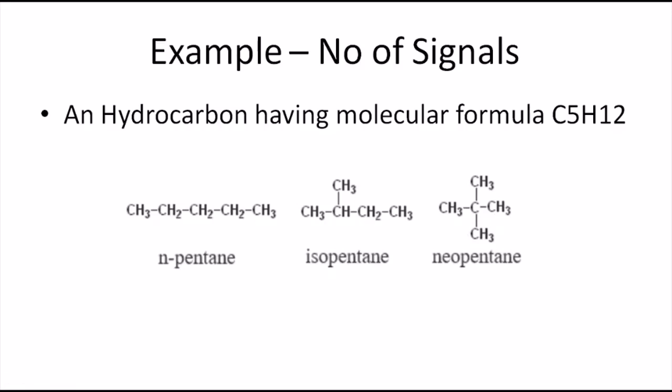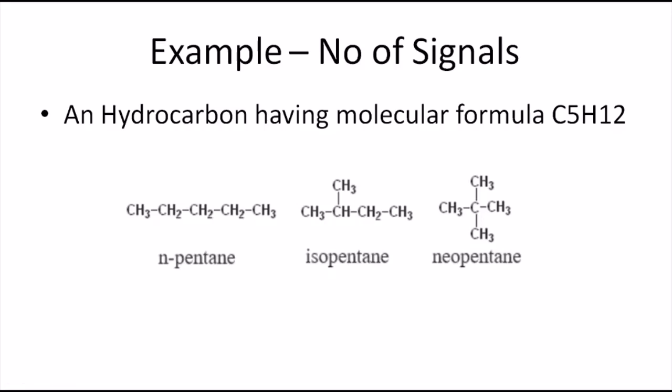Therefore now you can distinguish all the compounds. If any answer is given, a hydrocarbon having molecular formula C5H12 that gives only one signal means it is neopentane. A hydrocarbon having molecular formula C5H12 that gives 3 signals means it is n-pentane. A hydrocarbon having this molecular formula that gives 4 signals, that's enough.